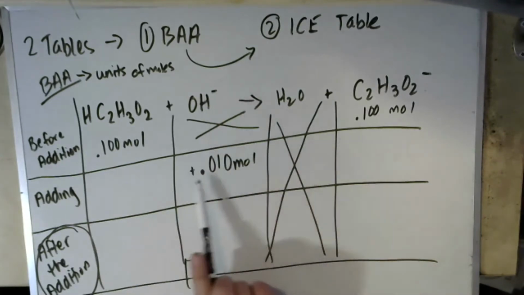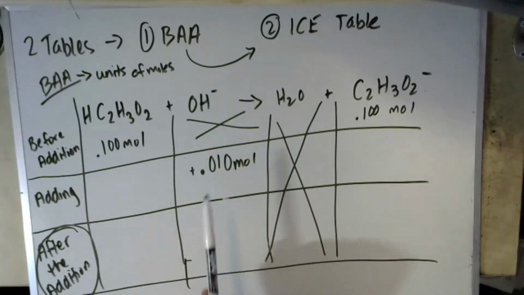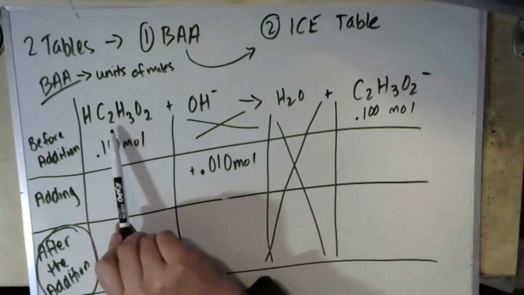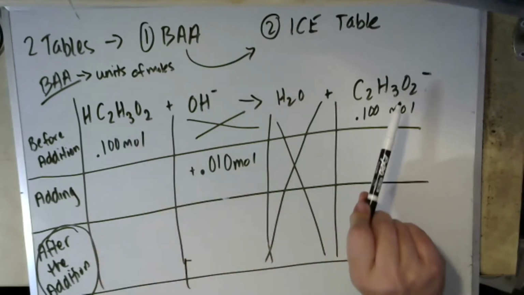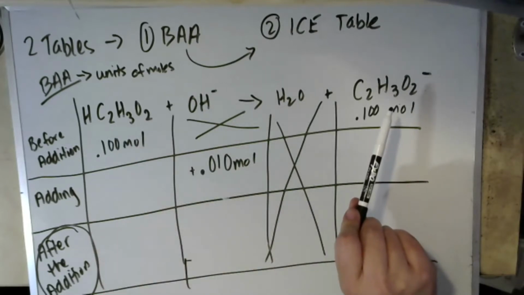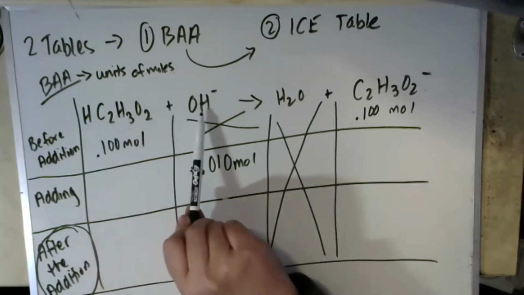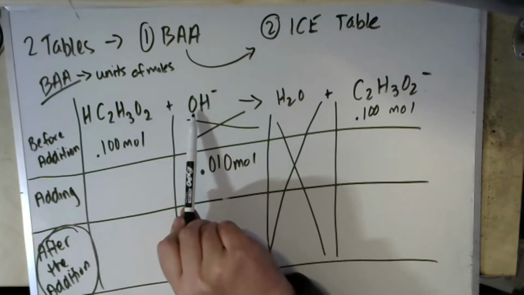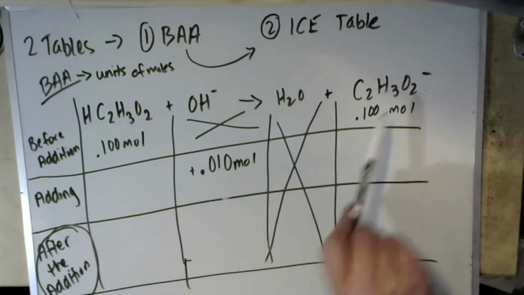So when you're adding a base, in this case, we're adding sodium hydroxide, that base is going to react with the acid and form more of its conjugate base. Okay, because this hydrogen is going to ionize and then attach to the hydroxide. That means you're forming H2O and acetate.